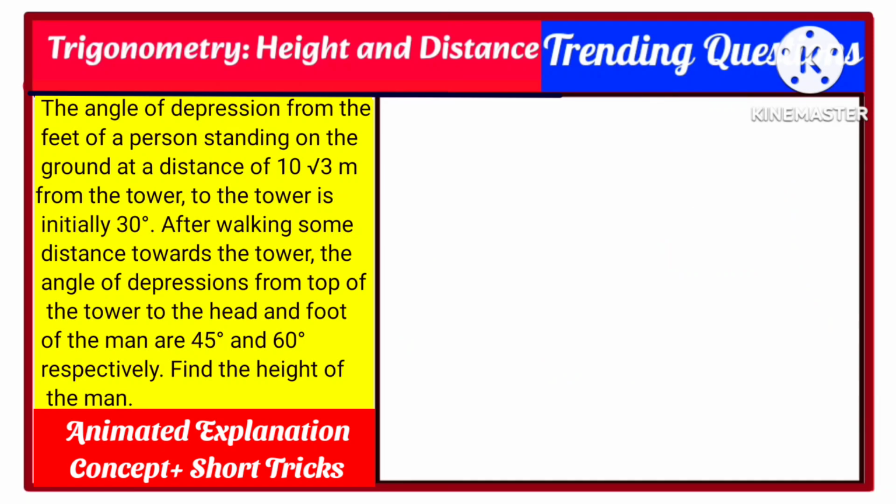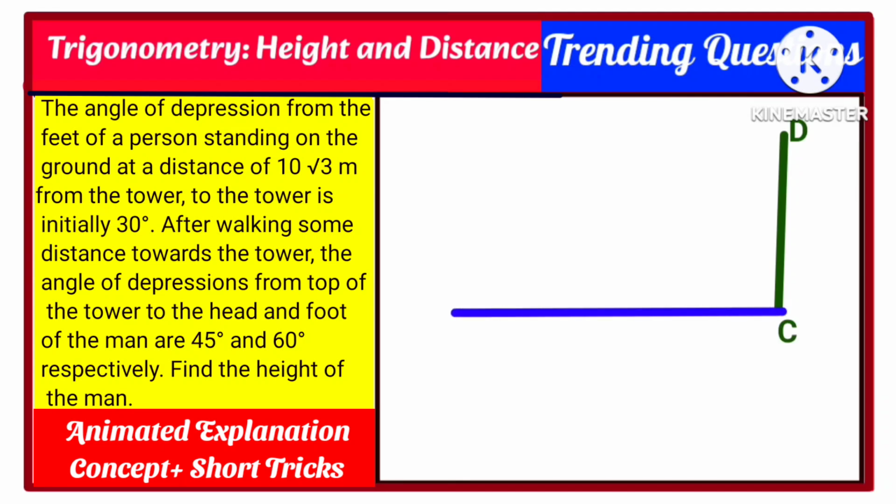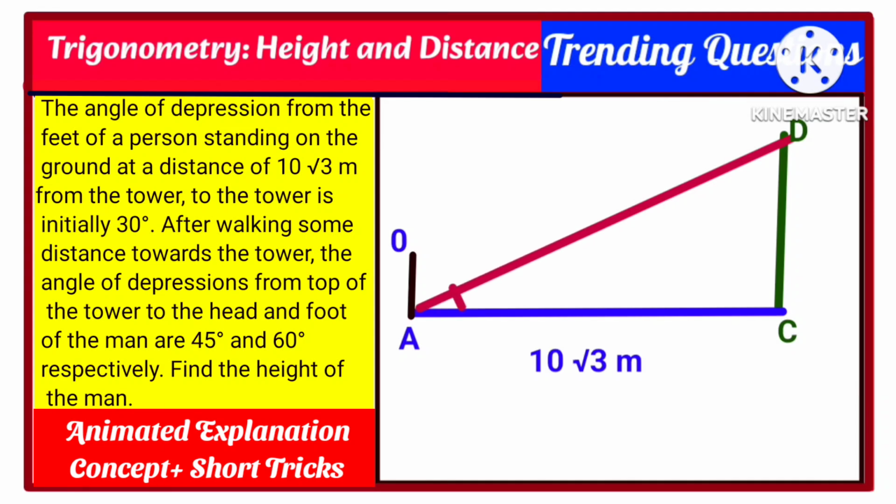If this one is the tower, then the distance between the tower and the man standing at the point A is 10 root 3 meter and the angle of depression from the top of the tower to the foot of the man initially was 30 degree.